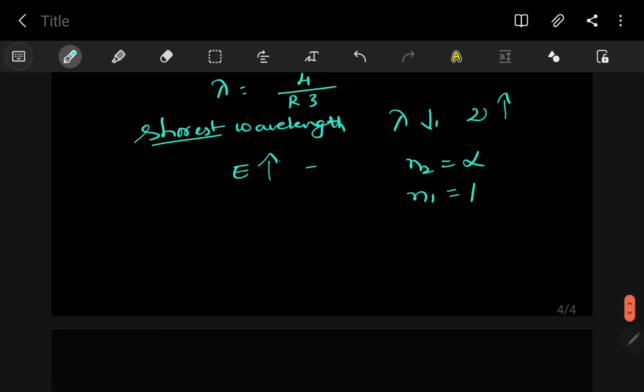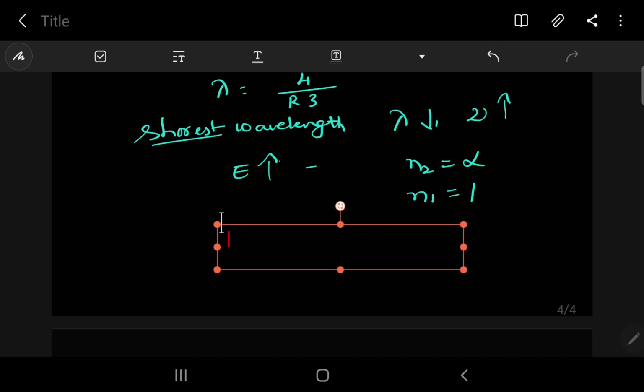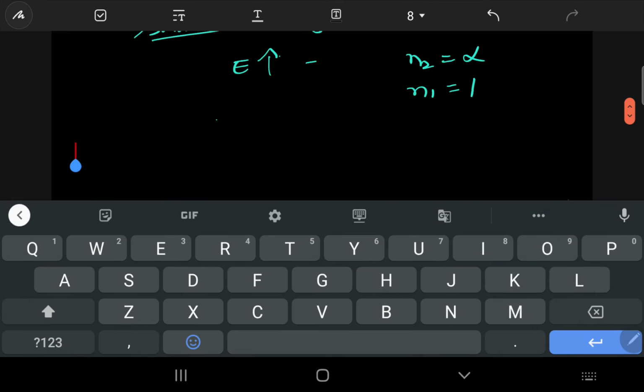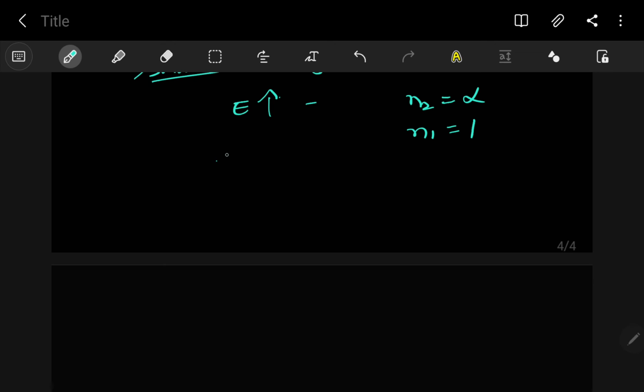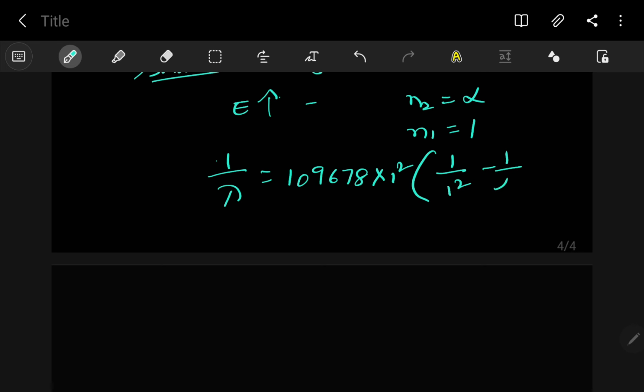Again we write the equation: 1 by lambda is equal to 109,678 into z square, which is 1 square, into 1 by 1 square minus 1 by infinity square. This is nothing but R value, R into 1.